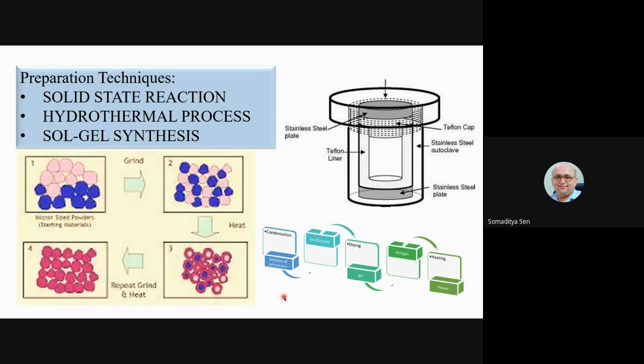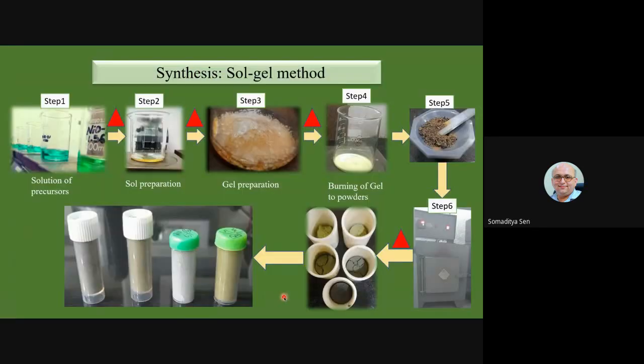Now, for the sol-gel synthesis, because I could not take you to the lab, I thought of sharing some pictures of how it looks. The solution of the precursors is taken in this. This is the first step, and then you go to the sol preparation. The sol looks like that.